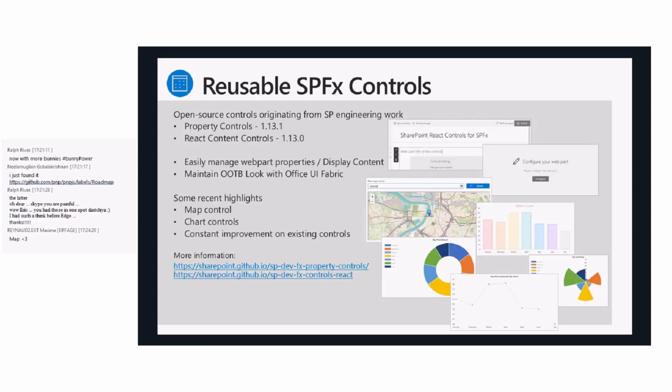So you can now build charts with the PnP controls. Also, some enhancements are coming. We rewrote the people picker completely from scratch. It's now making different calls to other API endpoints. The list view control got a filtering option, so you can now filter the items within your control. So much is coming in the latest version.